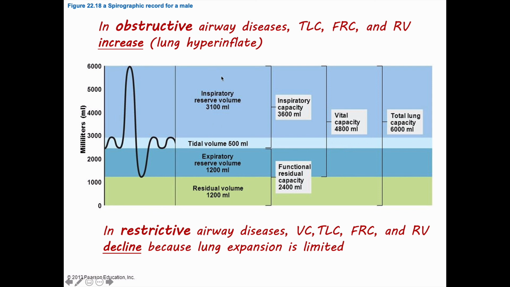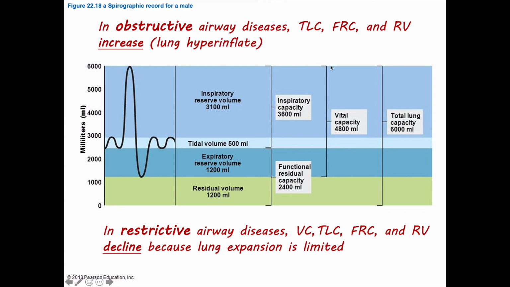From the 6000 ml of lung volume, we have functional residual capacity, respiratory volumes, vital capacity, and total lung capacity. Both your lungs can hold up to 6000 ml of gas. Vital capacity is the amount of air that you are able to breathe in and breathe out.